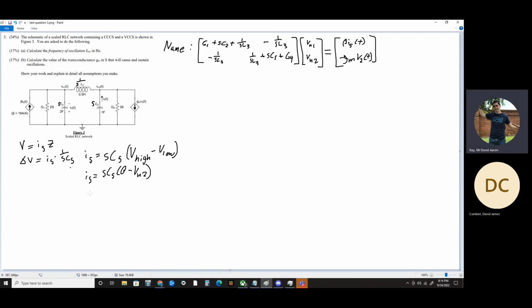And so that is why I5 is equal to negative SC5 Vn2.